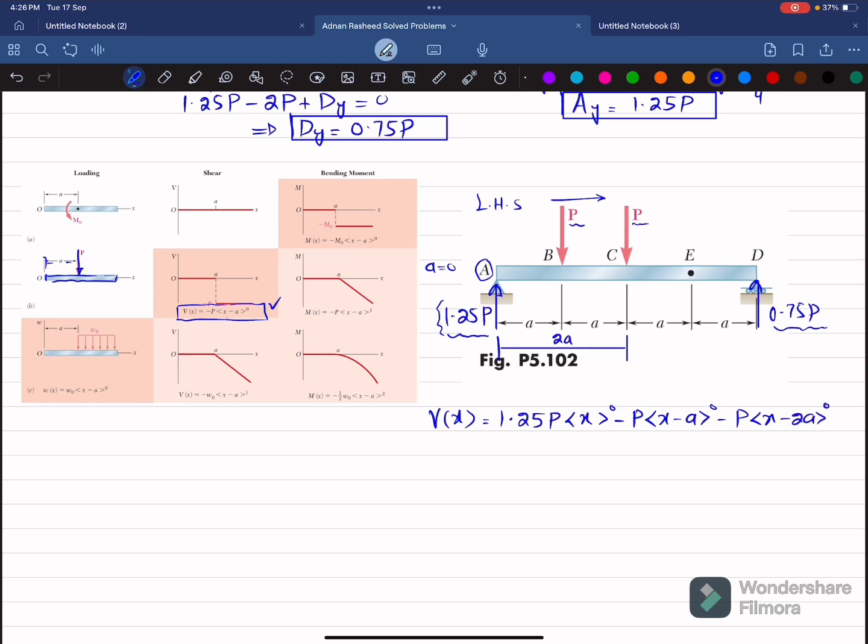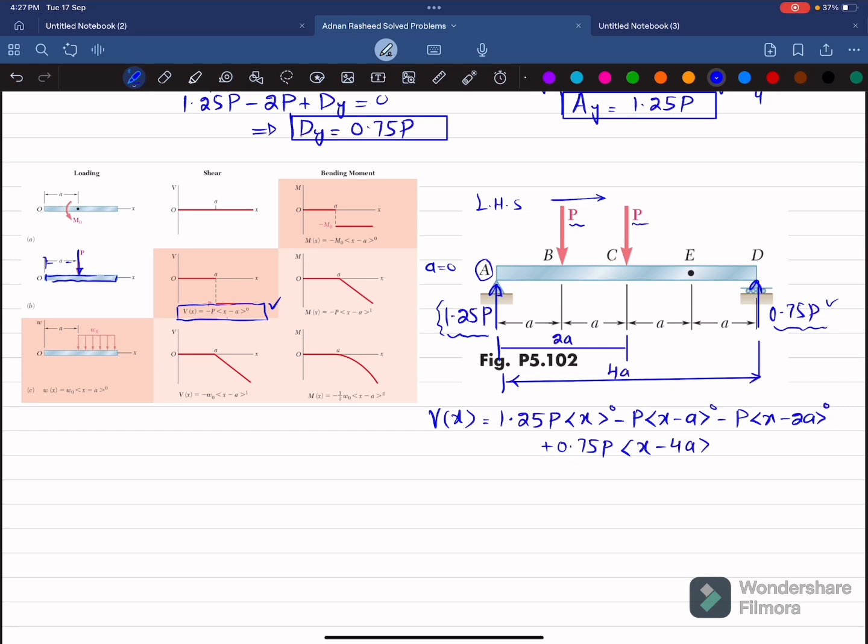And the last force, which we will neglect, but I will show here that it will have no effect. So plus 0.75 times P into x minus, now it is acting at a distance of 4a. So you can see this is 4a, so I will write x minus 4a.